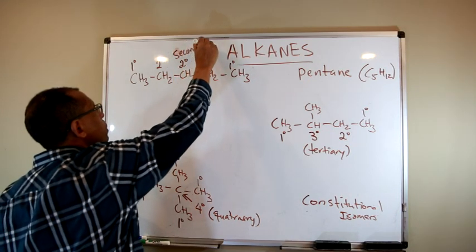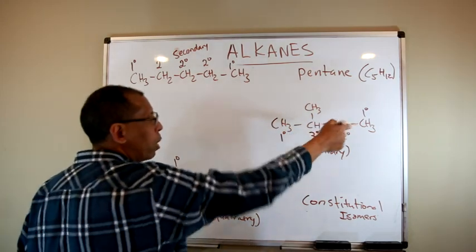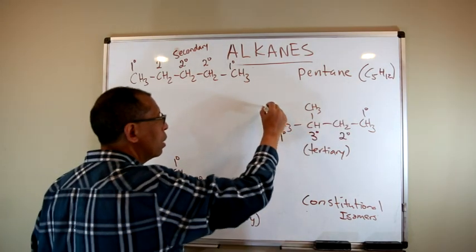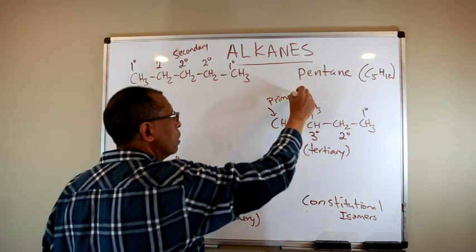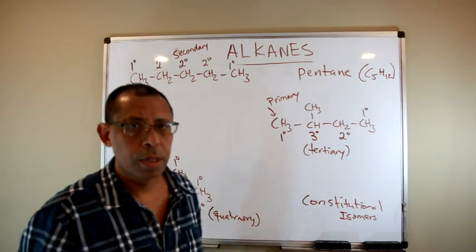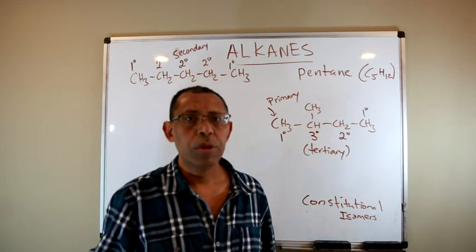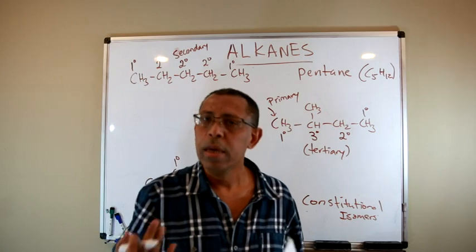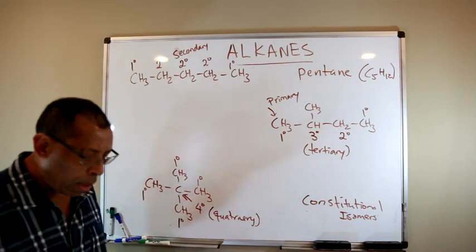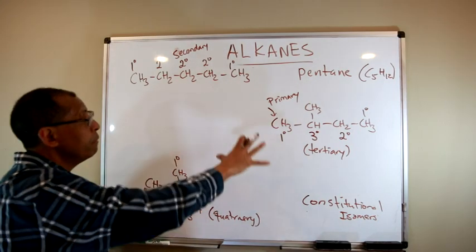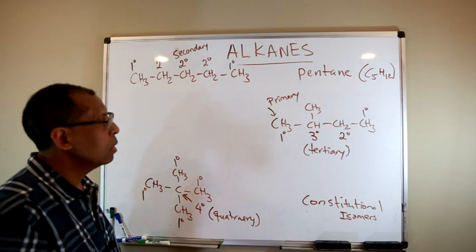And the ones which are only attached to one carbon are called primary. Remember now the concept: primary carbon, secondary carbon, tertiary carbon, and quaternary carbon. Those are important in understanding the different constitutional isomers of an alkane.